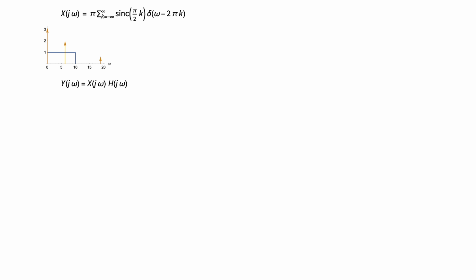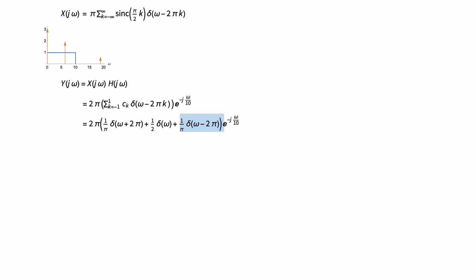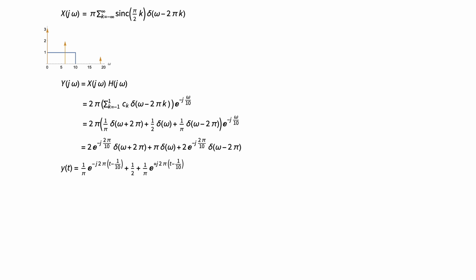The Fourier transform of the output is given by the product of the x of j omega and h of j omega. And therefore, based on the plot that you see, this summation can be reduced to the sum of these three terms for k equal to -1, 0, and 1. Now that we have the Fourier transform of the output signal, we can apply inverse Fourier transform to find the output signal in the time domain.